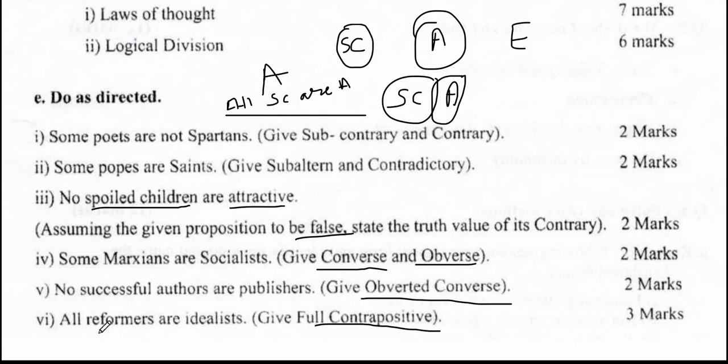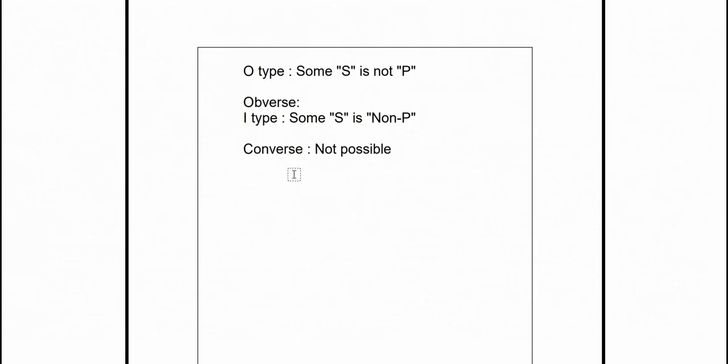So we know the statement is: all reformers are idealists. So just let us write it down. Okay, all reformists are idealists. Ignoring the spelling error, let's move forward.